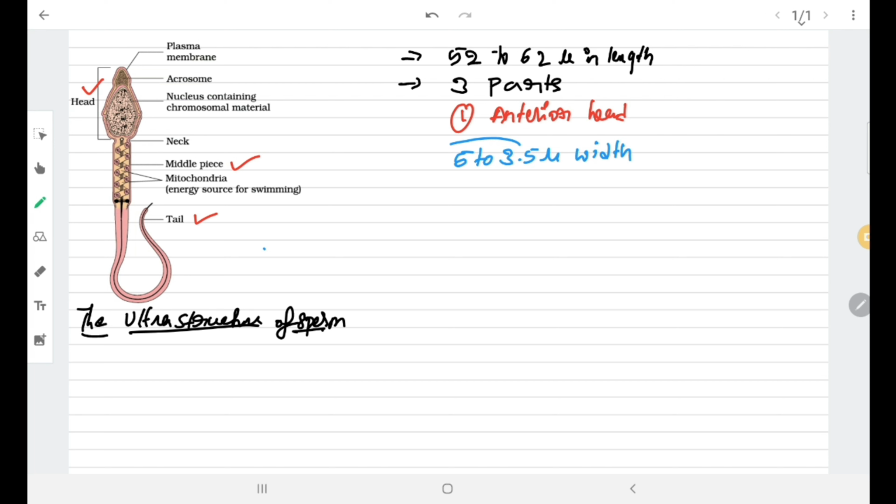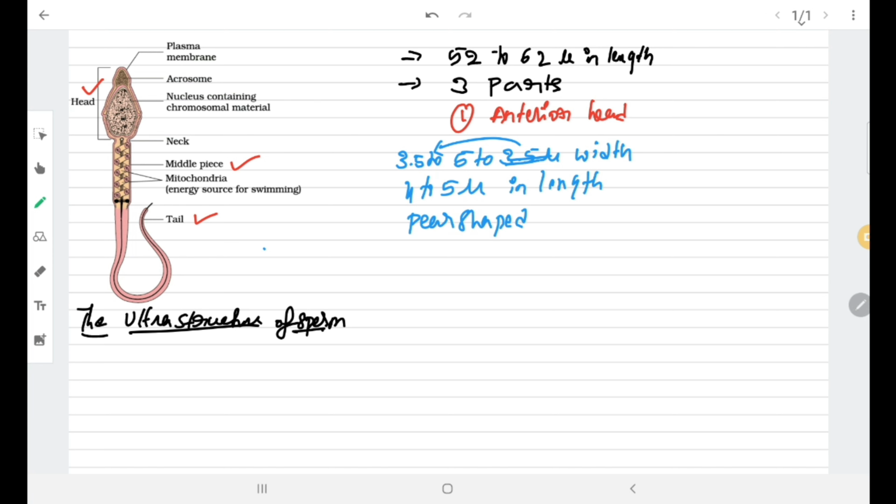That means you can take it in reverse, 3.5 to 5 micron in width, and 4 to 5 micron in length. And the shape of this particular sperm head is pear shaped, which is almost like a pinhead. We can also call it a pinhead.